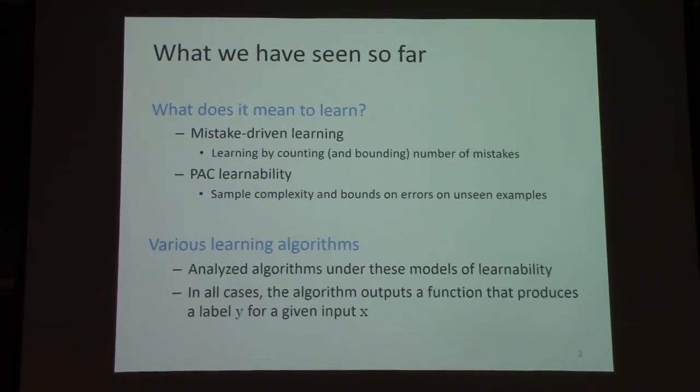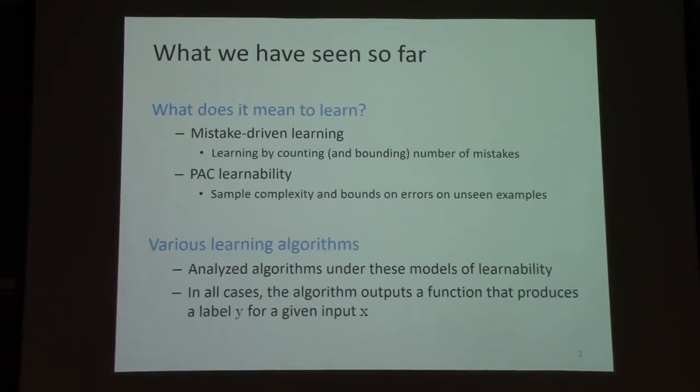There we said learning is the same as just stopping. A classifier is said to learn if it stops making mistakes. If you bound the number of mistakes, then you say that learning is complete. We saw examples of mistake-bound algorithms, like the perceptron, and theoretical examples like the halving algorithm.